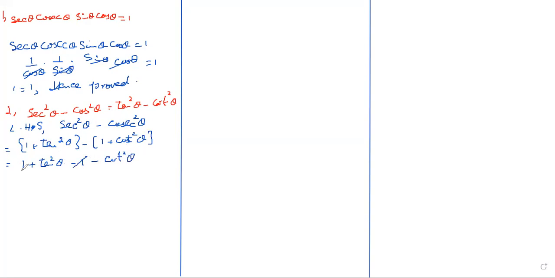And you know that this one got cancelled. We are left with tangent square theta minus cotangent square theta, which is equals to right hand side. So left hand side equals to right hand side, so it is verified or it is proved.